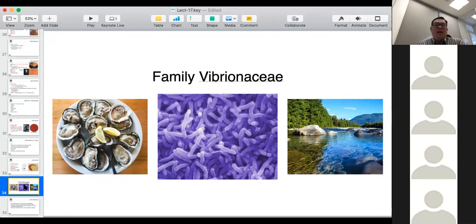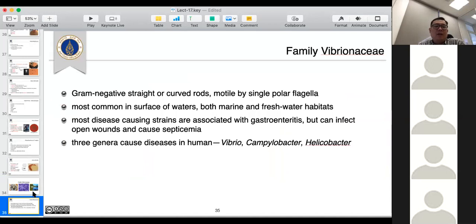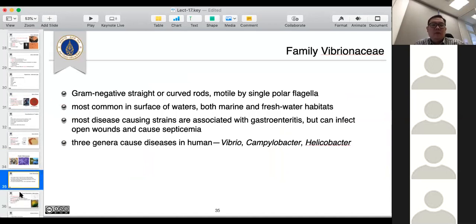Then we move to Vibrionaceae. Vibrionaceae are bacilli, but look curvy, and contaminate water. Water is the main contamination source, even fresh and marine water. They are mostly gram-negative curved rods, motile, with bipolar flagella.